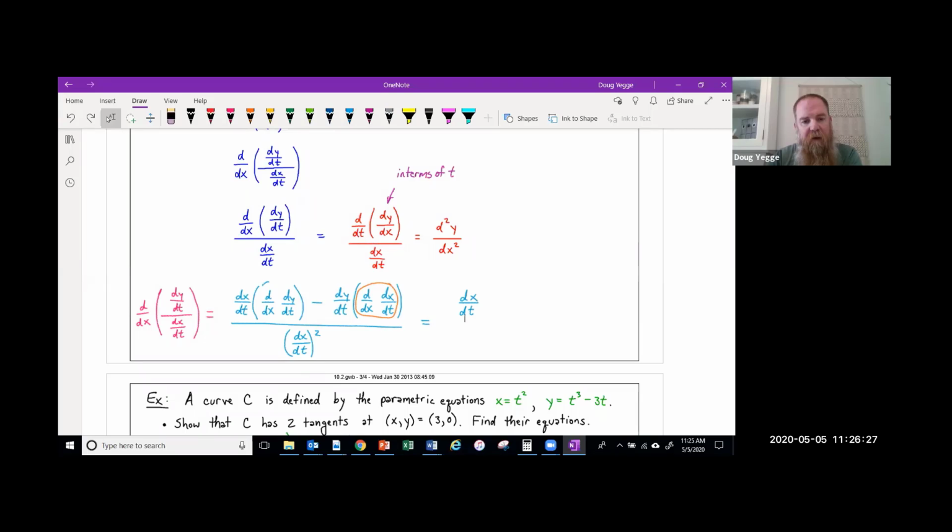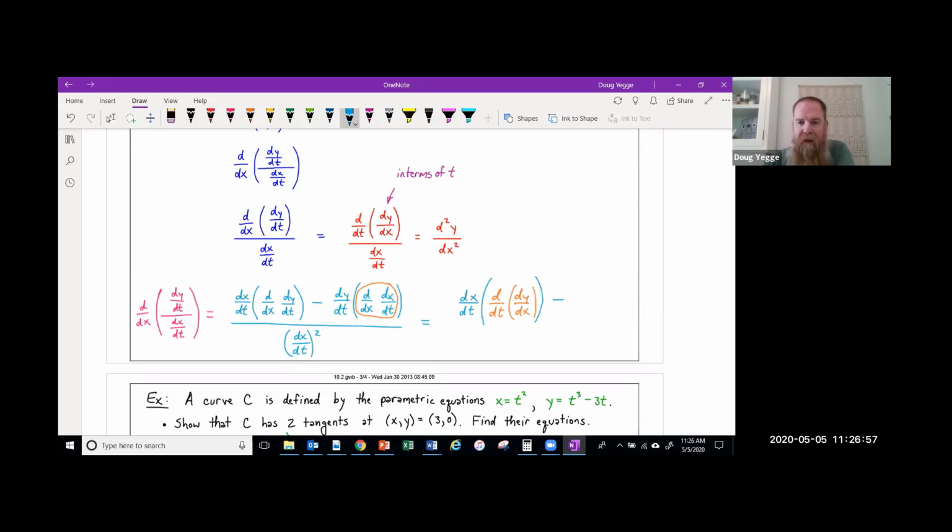Because d/dx of dy/dt is the same thing as just flipping these two denominators. So we could rewrite that as d/dt of dy/dx. Which is helpful because now dy/dx is already in terms of t.